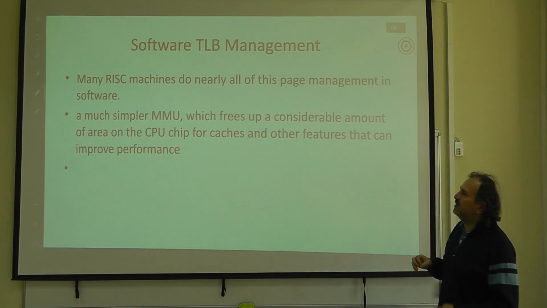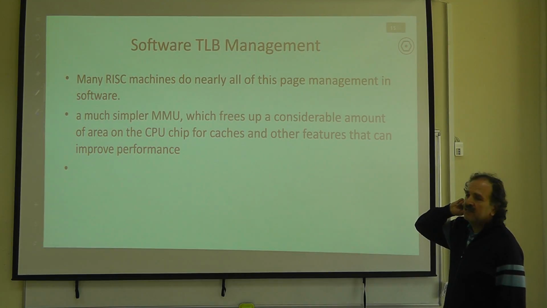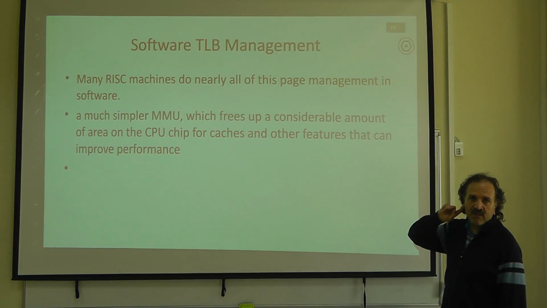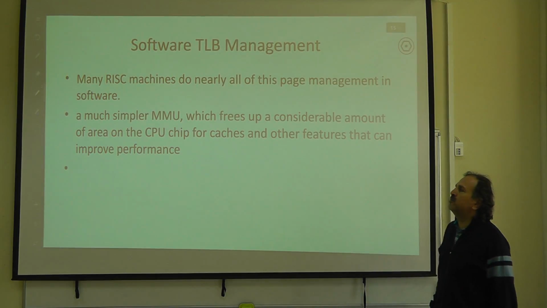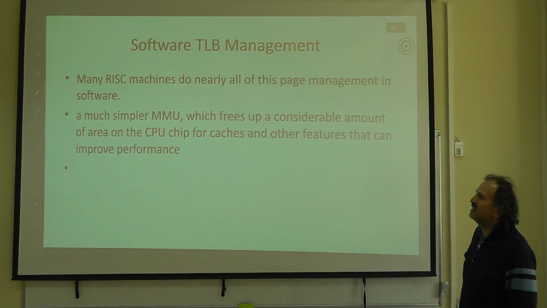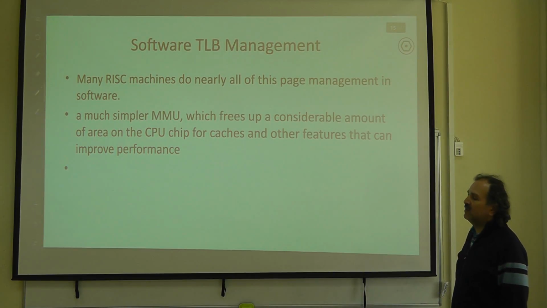When it becomes simpler, it makes more space for more registers and more caches, which would improve your performance. That's the idea of RISC. Keep everything simple, so that you would have lots of registers, lots of cache, and lots of power. And optimize the RISC usage with the software. That's what we are doing with the TLB.